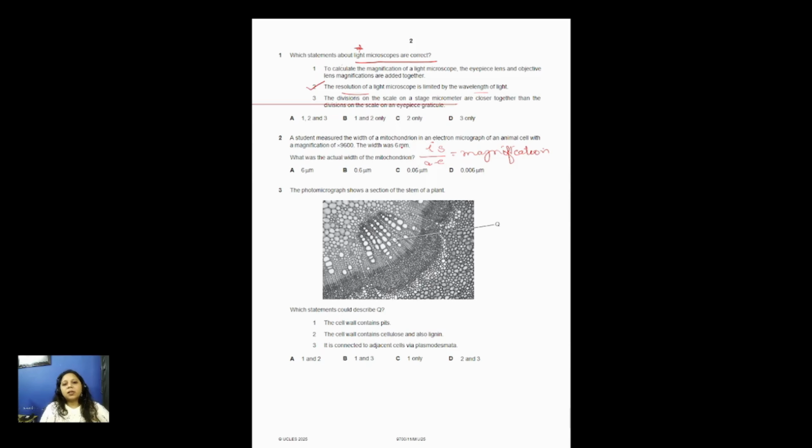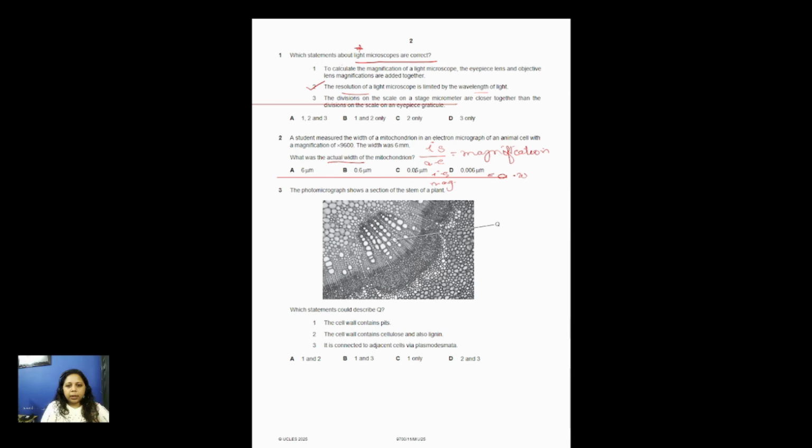We have to find the actual width, so the formula becomes that actual width is equal to the image size divided by magnification.